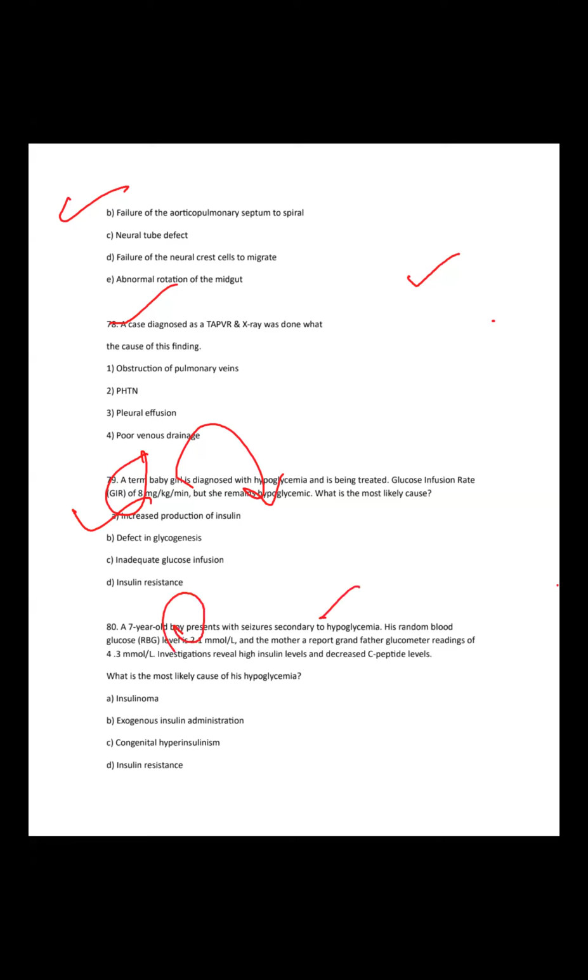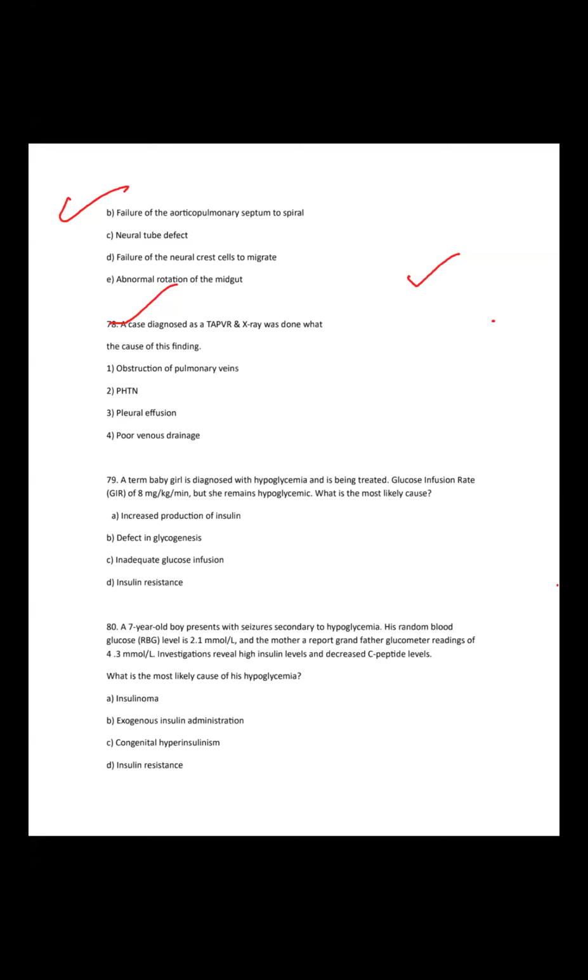Blood sugar is 2.1. Mother reports grandfather's glucometer reading of 4.3. Investigation revealed high insulin level and decreased C-peptide. High insulin with decreased C-peptide means the child was taking exogenous insulin. If it is formed inside the body, the C-peptide level should also be raised with the insulin levels.